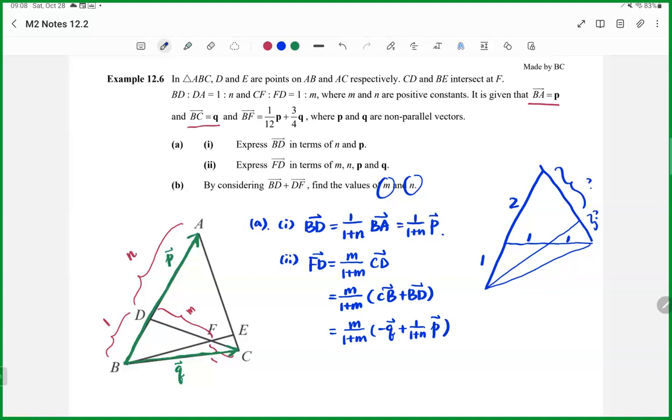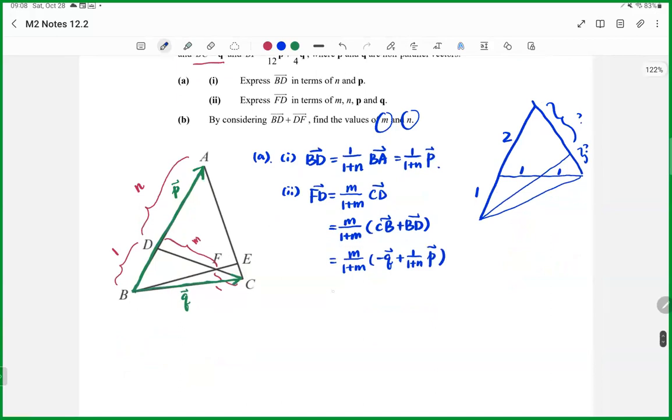Is it correct? Check with me. FD is a part of CD, so it's a fraction of CD. And CD is CB and BD. CB is negative Q, and BD is found. No problem.